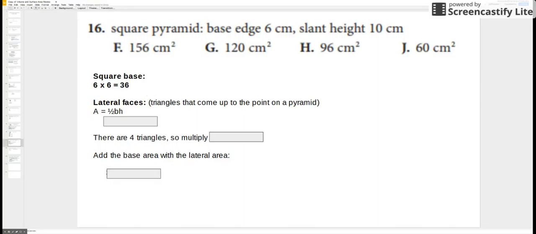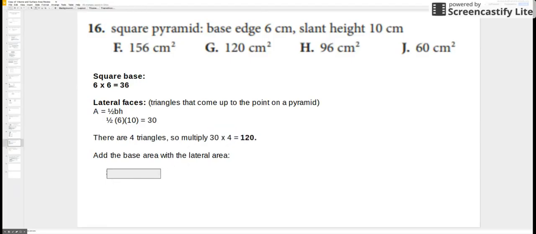Your lateral faces, if you remember, are triangles that come up to the point on the pyramid. Since it's a triangle, the area of a triangle is 1/2 base times height. So 1/2 times the base of your triangle, which is 6, times your height, which is 10, gets you 30.